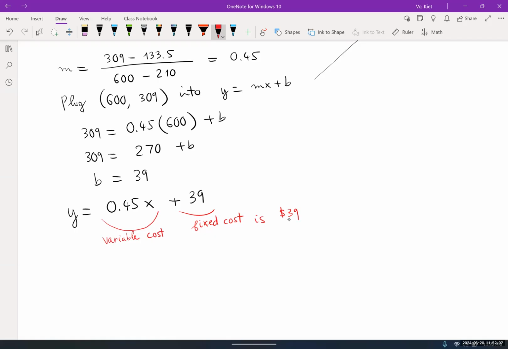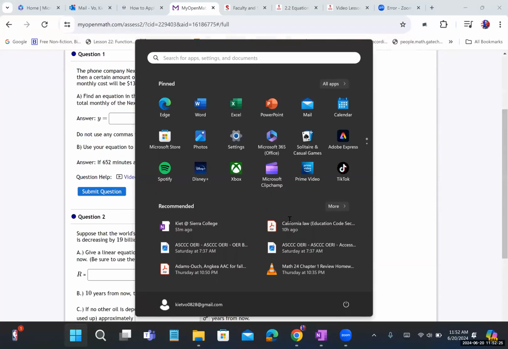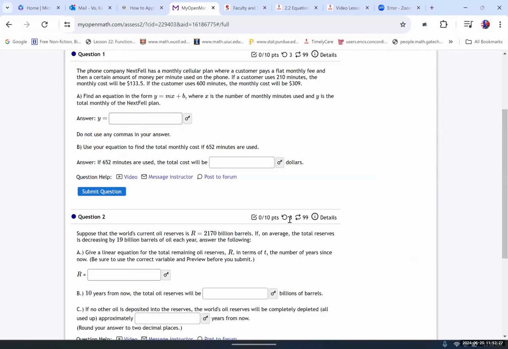So the 0.45 represents 45 cents per minute. That is our model, 0.45 times x plus 39. Let's check. I have the answer key here, and the cost equation is y equal to 0.45 times x plus 39.